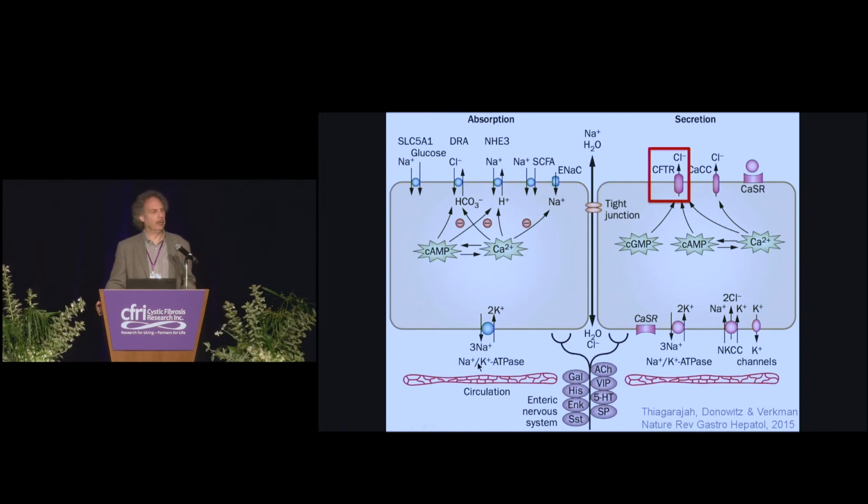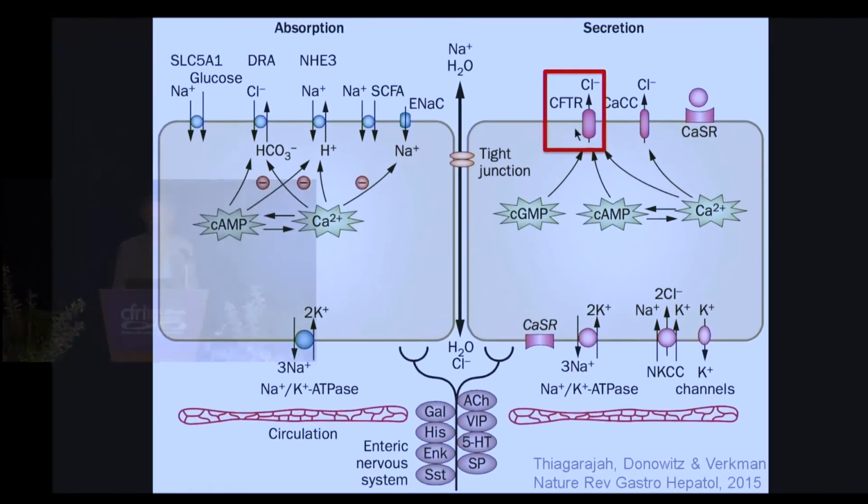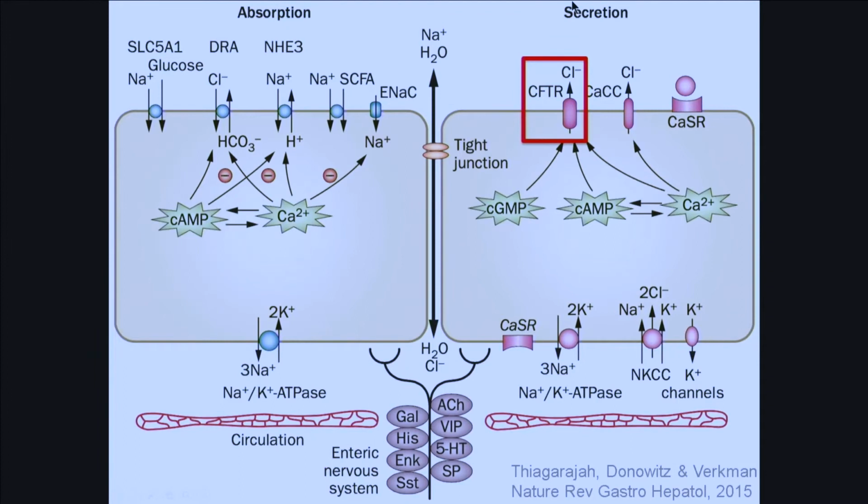So let me tell you, for example, the GI indications. In the intestine, this is the lumen, facing the inside of the intestine. CFTR is on cells called enterocytes. In cholera, for example, CFTR becomes activated, chloride is secreted into the intestine, water follows, and hence severe secretory diarrhea.